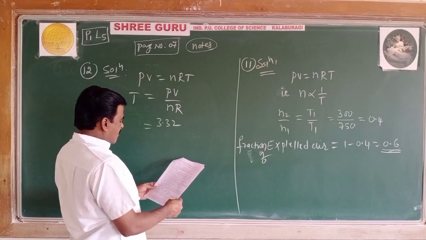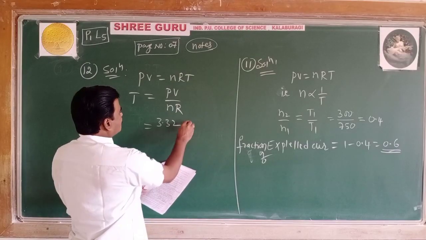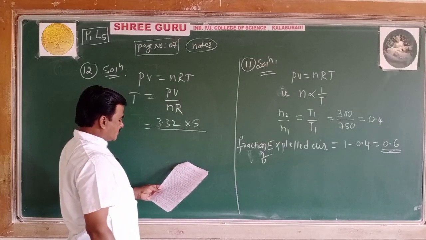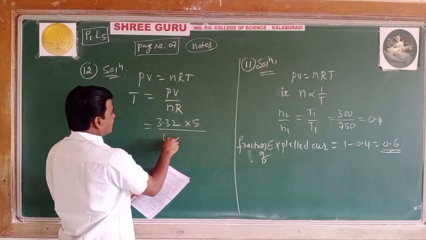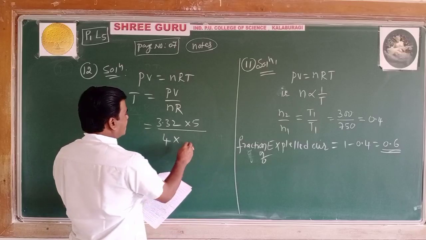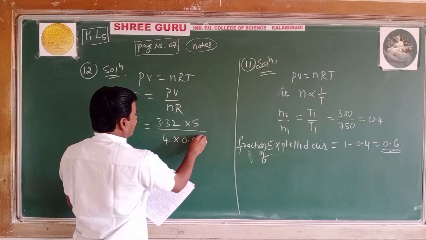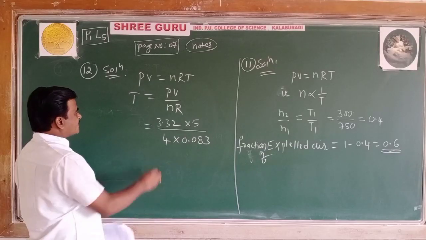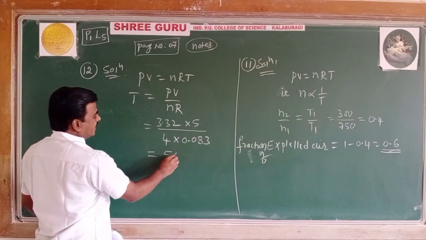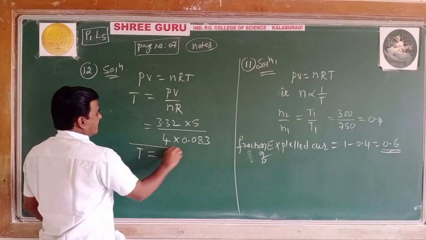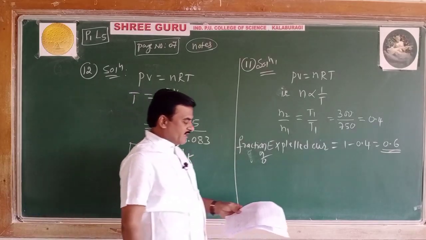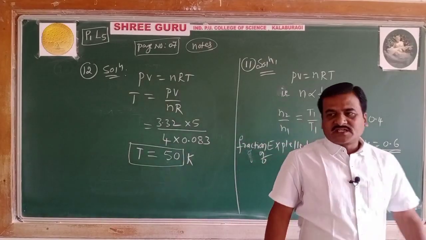The volume is 5 dm cube. The number of moles is 4 moles. And R value is 0.083. Simplifying this, you get 50 as the temperature. But you have to mention that 50 Kelvin is the unit of the temperature.